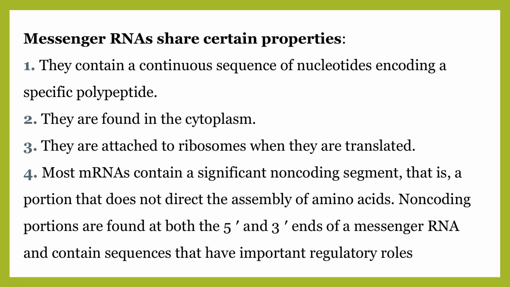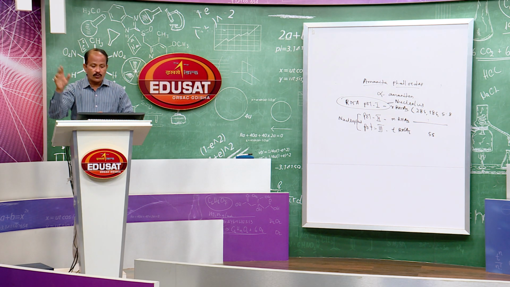So, the messenger RNA has certain features: it contains a continuous sequence of nucleotides encoding a specific polypeptide. One mRNA gives rise to a specific polypeptide, and they are found in the cytoplasm, because the site of protein synthesis is the cytoplasm. They are attached to the ribosomes when translated, that means ribosomes are macromolecular complexes that attach to the messenger RNA, upon which the transfer RNA binds to bring about translation.